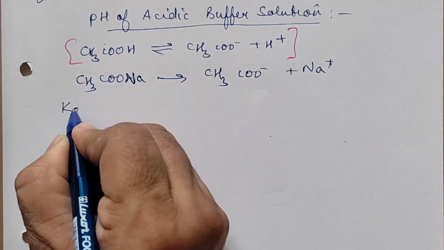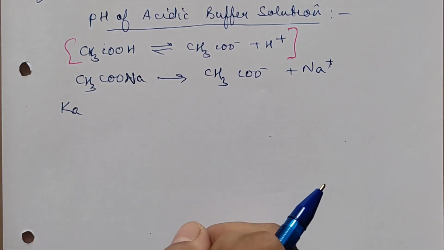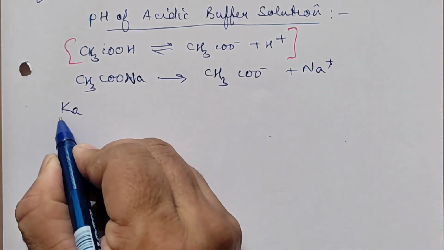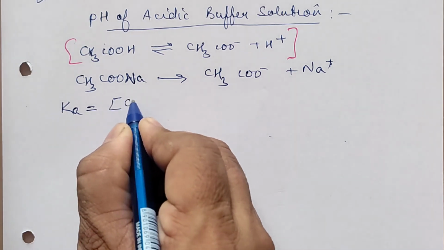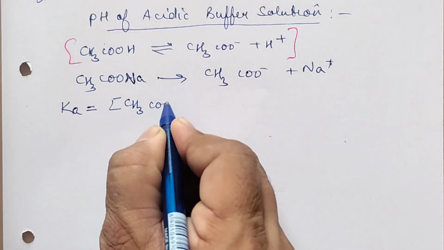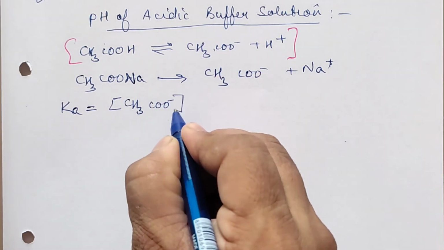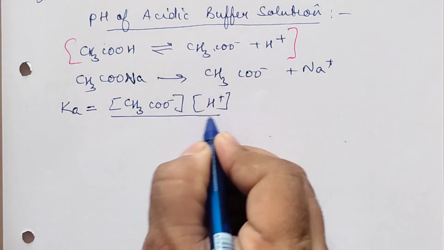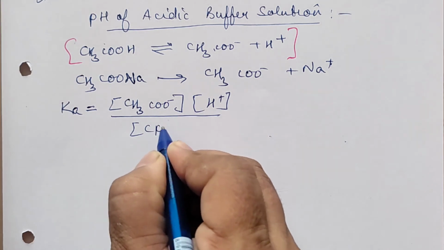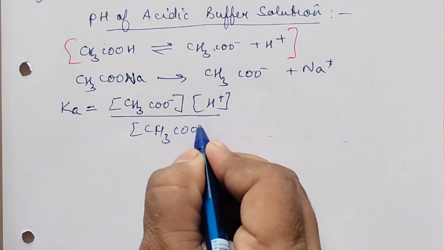So this is talking about the dissociation of acid. Means we can write down Ka, that is dissociation constant of acid, that is equal to the concentration of the product, that is this, multiplied by concentration of H plus divided by concentration of acetic acid, CH3COOH.